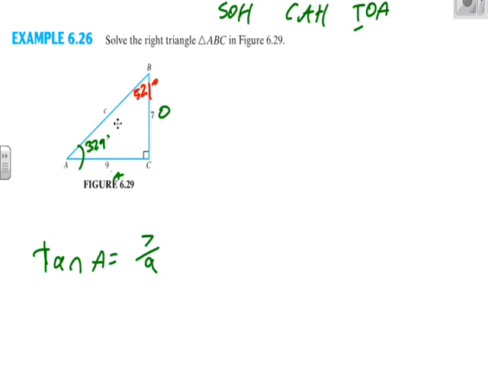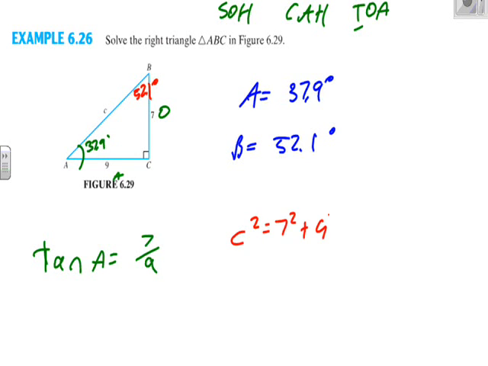Then to find the missing side, we can do the Pythagorean theorem. 7 squared plus 9 squared equals c squared. That's 49 plus 81.